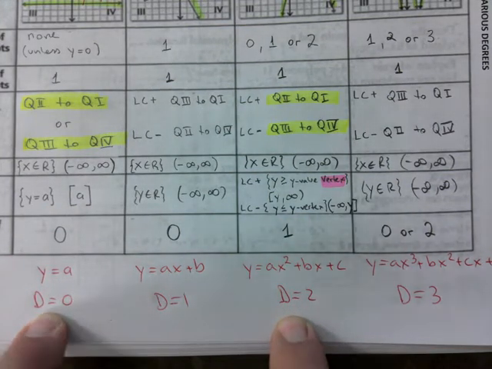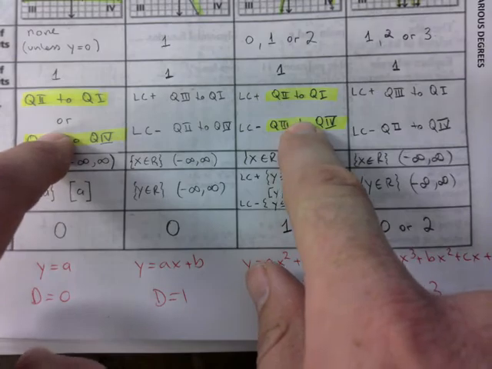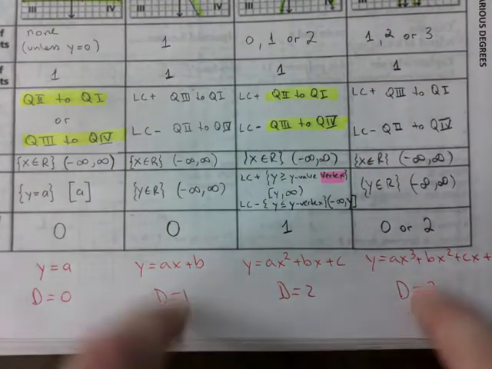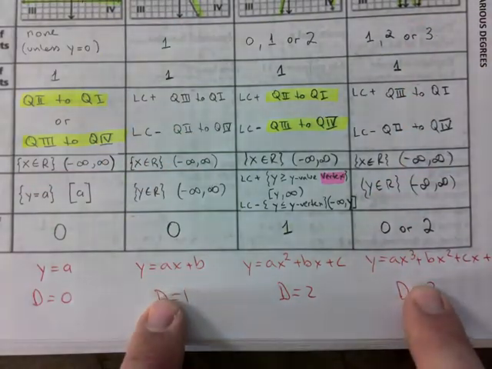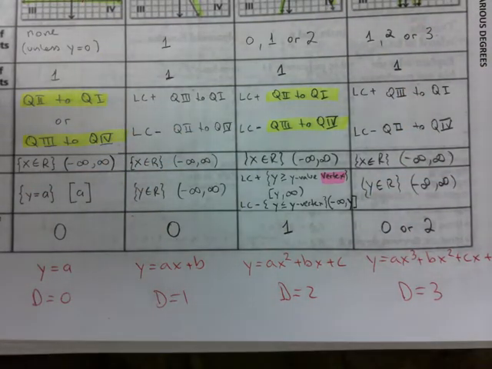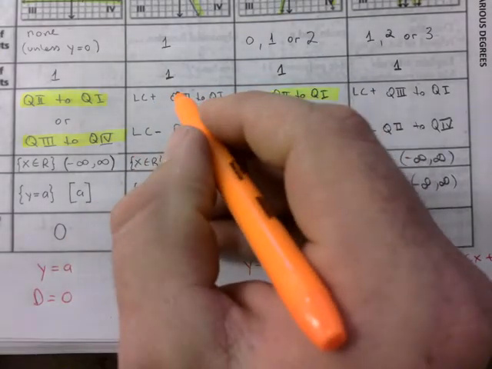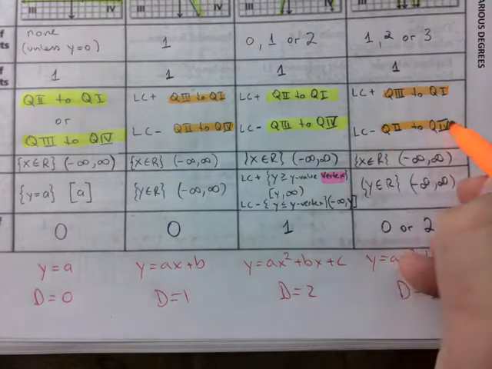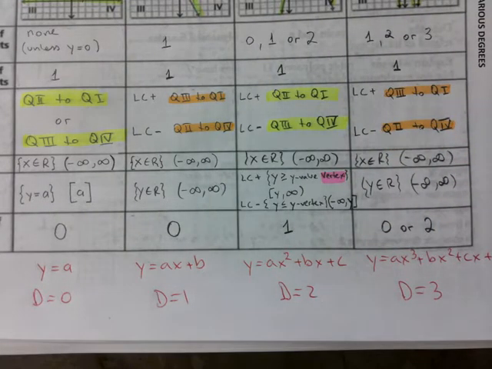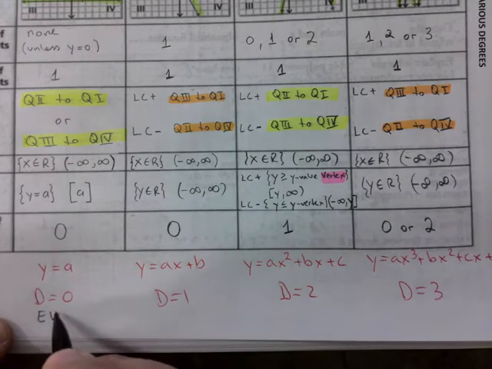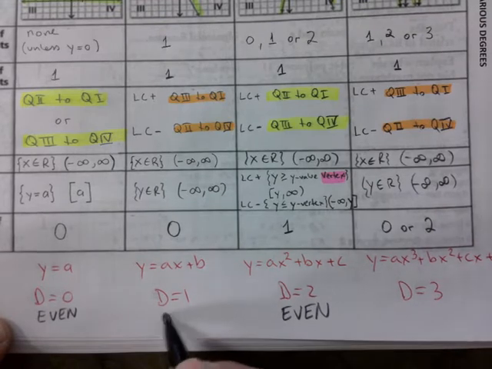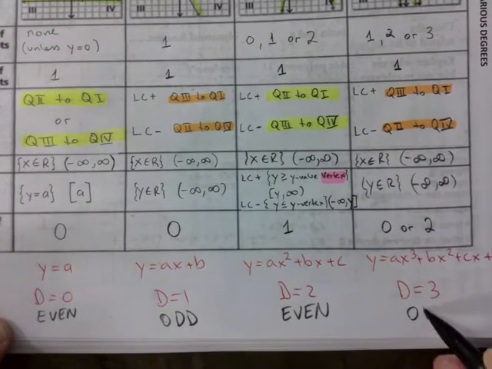If it's even, it will have the same end behavior. If the function is odd, it will also have the same end behavior. I just don't know what to highlight that orange. Orange does it, right? So I'm going to do this and this, this and this, right? Even, odd, odd.